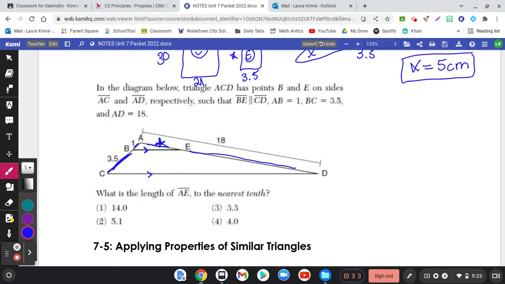Now, if you want, you can set it up. This is kind of going back to the second section. They're parallel, so we know that they are similar to each other, clearly not the same size. So let's look at this little guy. We're looking for AE.